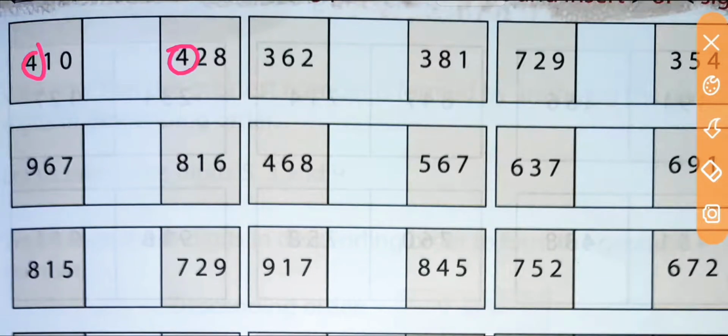So now we have to check the next digit. The next digit of the first number is 1, but the next digit of the second number is 2, and 2 is greater than 1. So 428 is greater, and this is the representation.